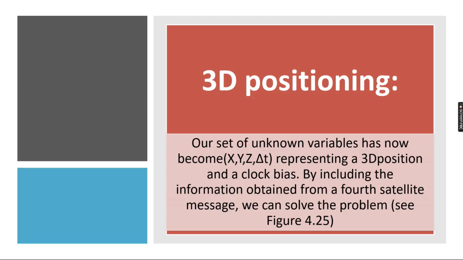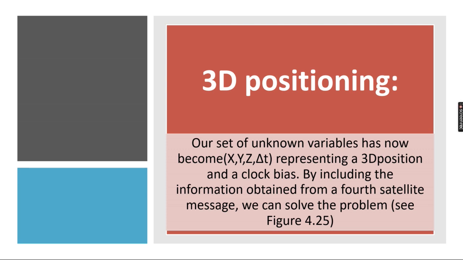3D positioning. Our set of unknown variables has now become x, y, z and delta t, representing a 3D position and a clock bias. By including the information obtained from the fourth satellite, we can solve this particular problem.